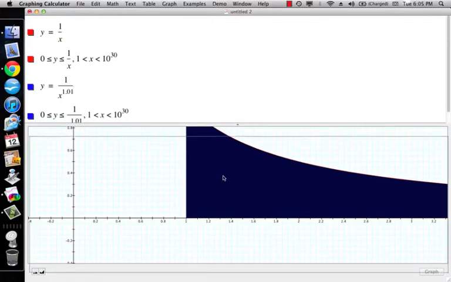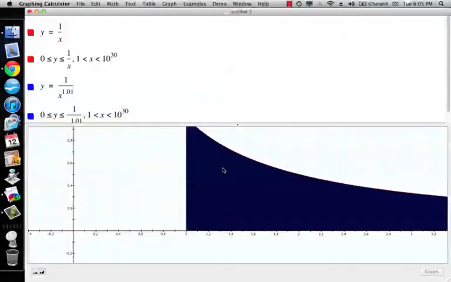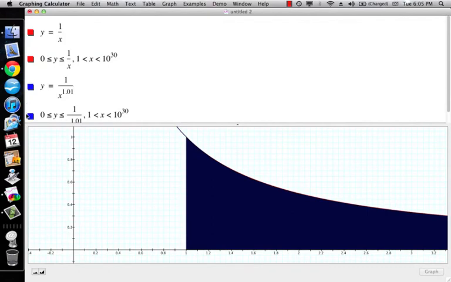Nonetheless, I'm going to argue that the blue has an area of 50 and the red has an area that's infinite. And so that's my little lecture on improper integrals, and you can think about that one for what it's worth.